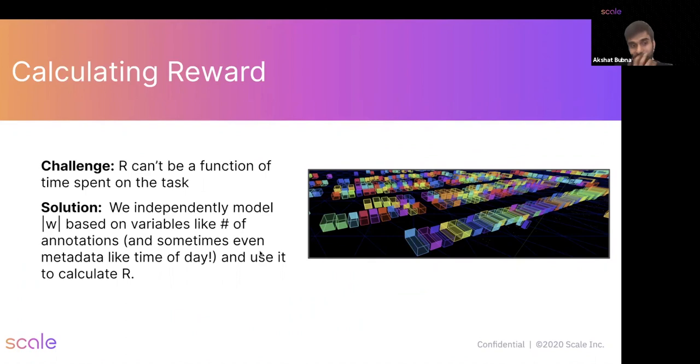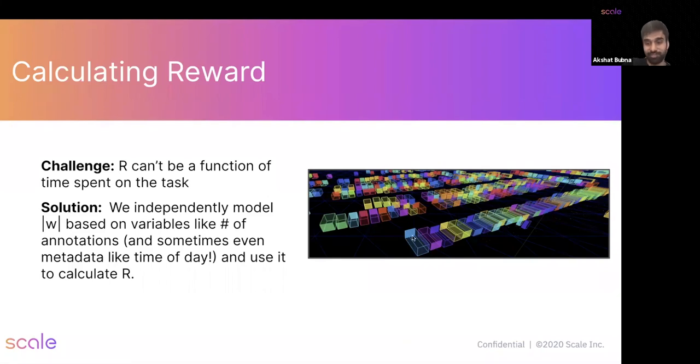Another interesting thing is that reward cannot simply be a function of time spent on the task. The reason for that is that it opens malicious people to game the system in a lot of different ways. But we still need a way to know the inherent complexity or difficulty of various tasks.